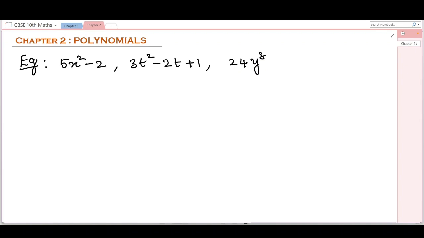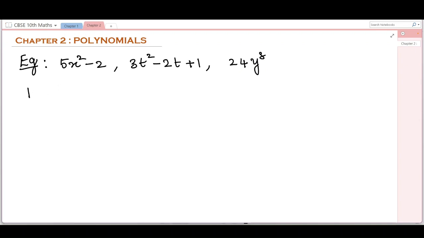The term polynomial itself tells that it consists of many terms combined using the mathematical operations, and we can also perform the basic arithmetic operations such as addition, subtraction, multiplication, division by using these polynomials. And depending upon the number of terms involved in the polynomials, they are classified as monomial, binomial, trinomial, quadrinomial, etc.